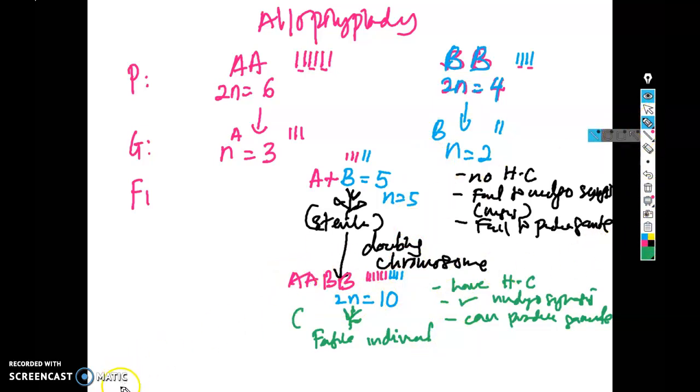And then, if it is fertilized with, for example, CC individuals with 2n equal to 6, sorry, I changed it, 2n equal to 6.